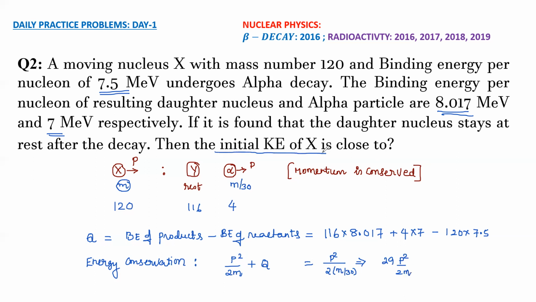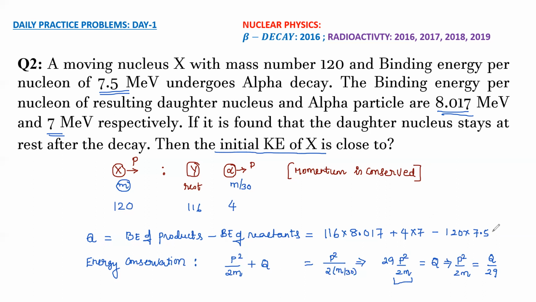which is the initial kinetic energy which we require. In the question, we are asked to find out initial K of X, which is nothing but P square by 2m. That is equal to Q value of the reaction. So the initial kinetic energy we need, P square by 2m, is nothing but Q divided by 29.